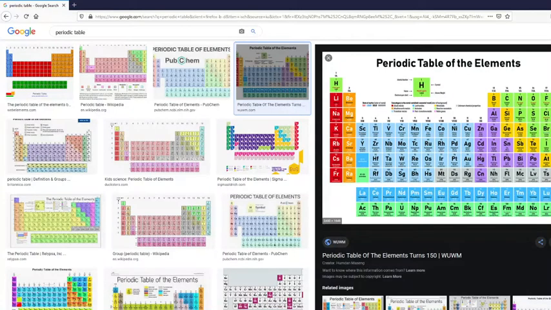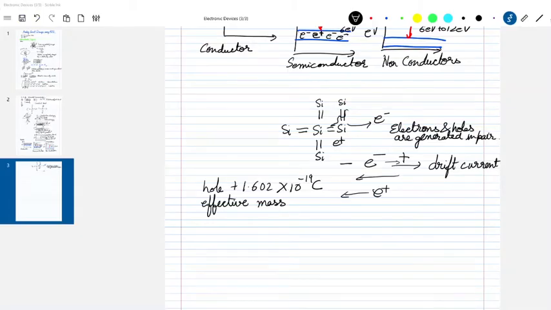So what it means is about the mobility. Let's define that; I'm not assuming you know anything. V is equal to mu n E, where V is the velocity and E is the electric field. So velocity per unit electric field is called mobility. This is the mobility of an electron.